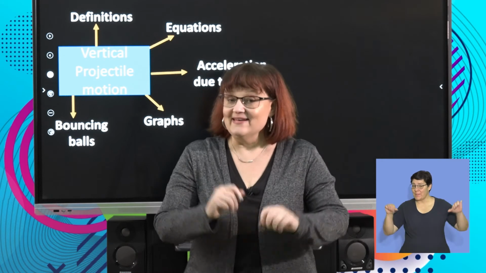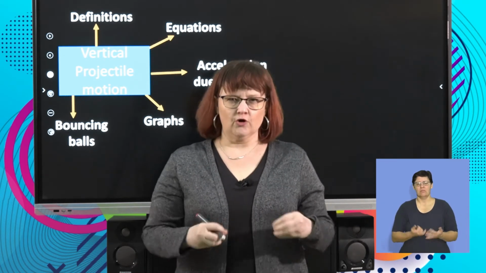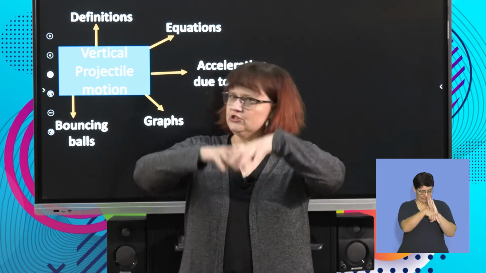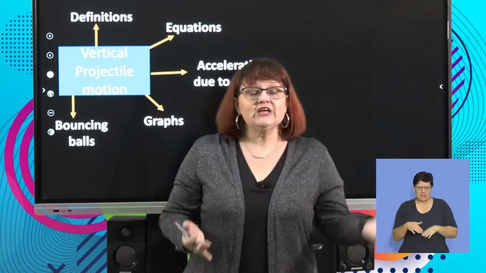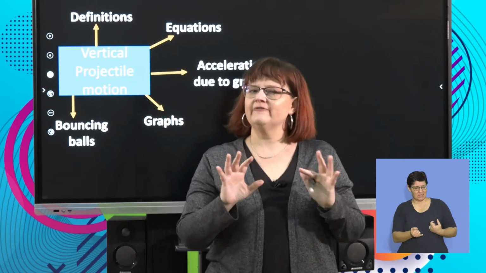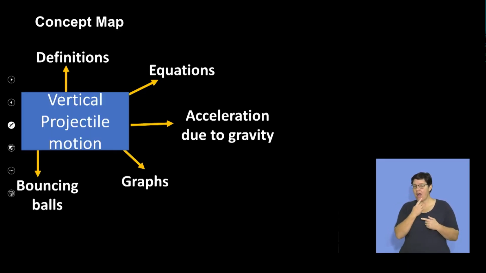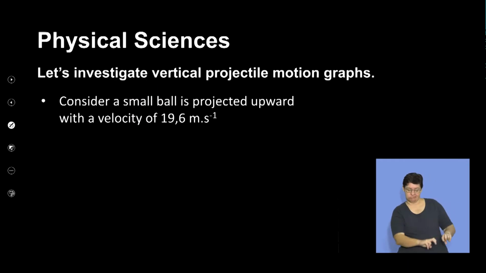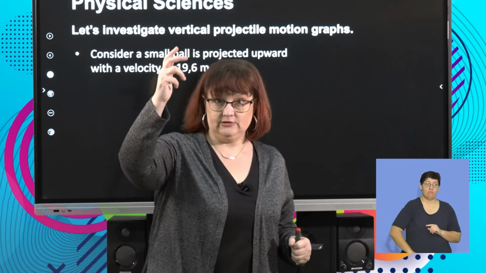Welcome back. Now we're going to look at graphs in detail, because just doing the basic shapes doesn't always make sense for us. Okay, so we're going to do a little bit of a case study. We're going to consider a small ball that's projected upwards. In other words, I've got a ball and I'm throwing it, okay?